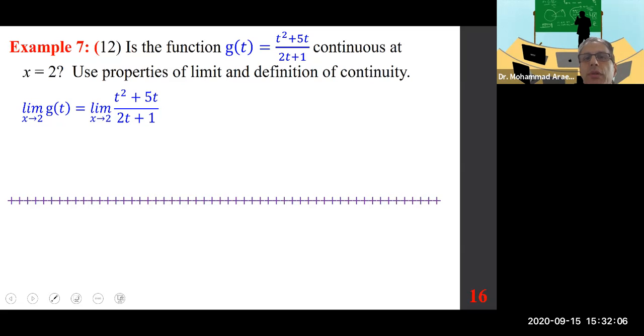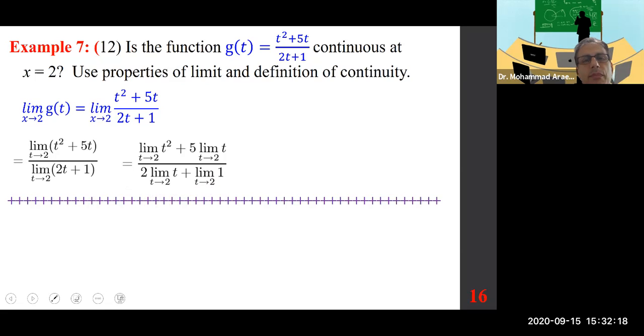You have two pieces at top, two pieces at the bottom. You separate them in that manner. This is how the limit laws work. I hope you remember that, at least for a case like this. Now you work it out and you get 14 over 5. And now you say this is the limit.